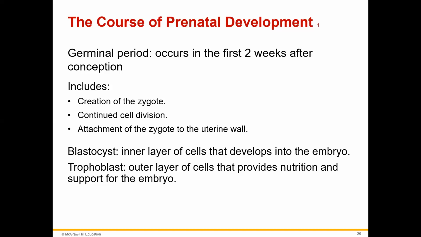And with the blastocyst, there is going to be an outer ring of cells called the trophoblast that's going to eventually be the support system for the embryo, and there's going to be an inner cell mass, which is going to turn into the organism itself. So the blastocyst will be surrounded by the trophoblast, the outer layer of cells.